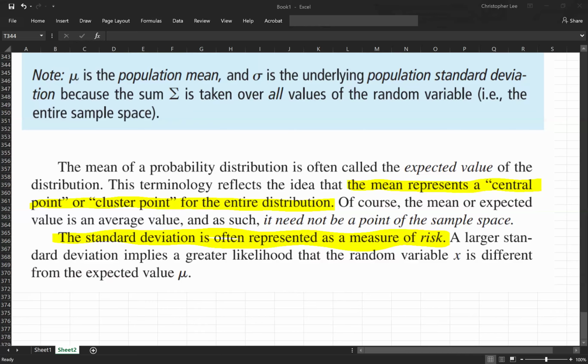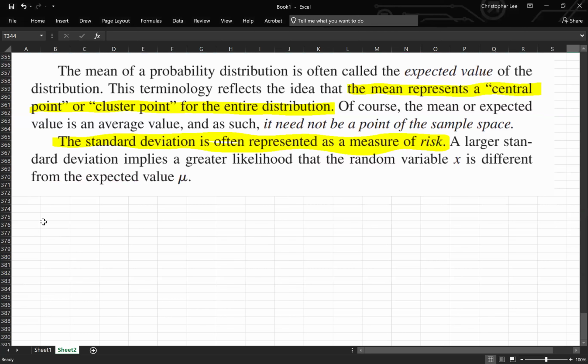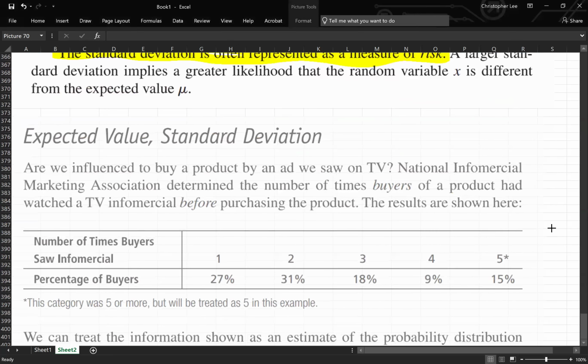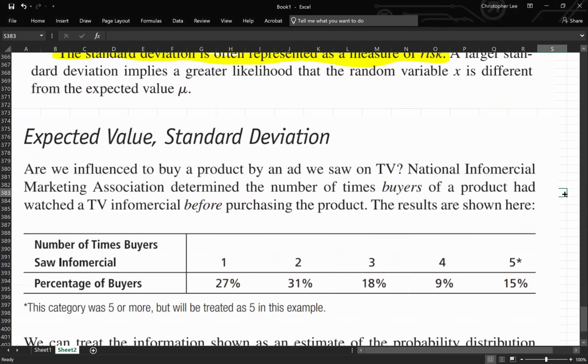All right, let's take a look at an example. So this is expected value and standard deviation.